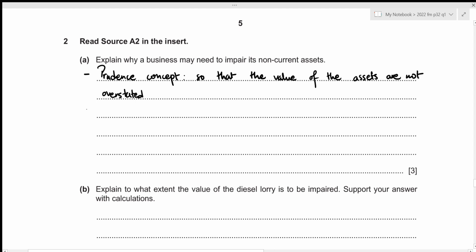And this then shows that the financial statements show a true and fair view. So let's write that down as well. So that the financial statements show a true and fair view.